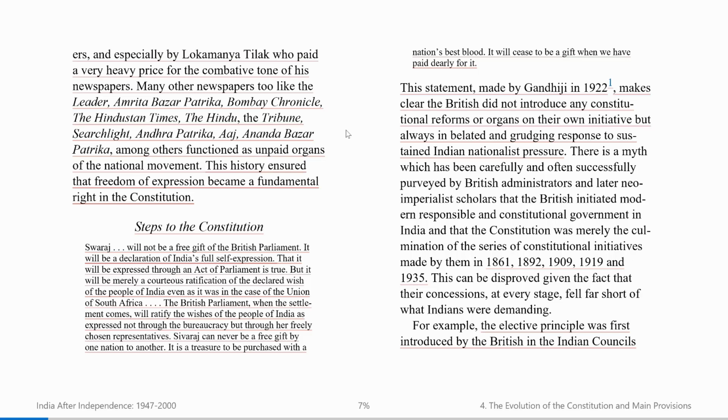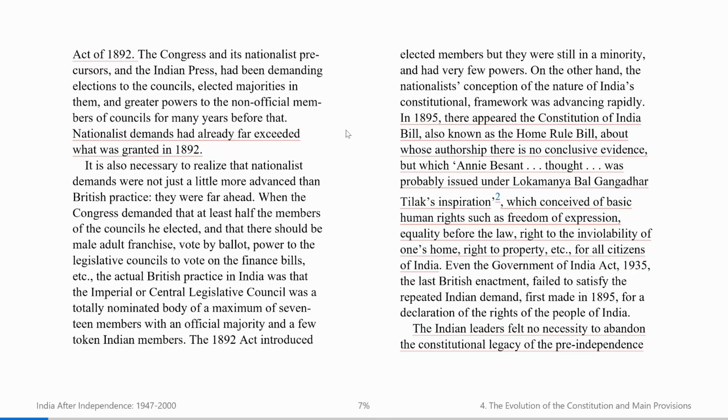Okay, you can take the example of the elective principle introduced by the British in the Indian Councils Act of 1892, and the nationalist demand was far exceeding what was there. Okay, and I've already talked about the Constitution of India Bill of 1895, or the Home Rule Bill, whose authorship is not conclusive, but which Annie Besant thought was probably issued under Lokmanya Tilak's inspiration.